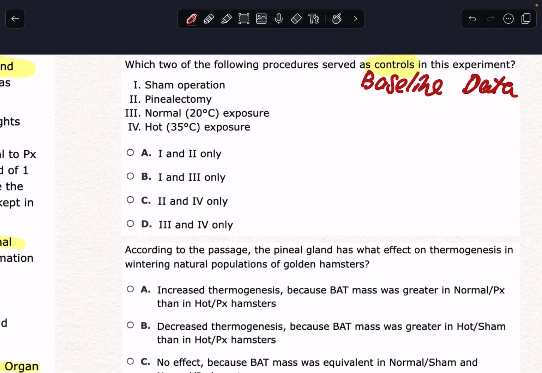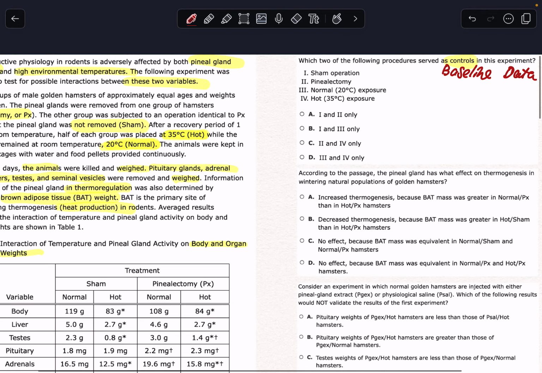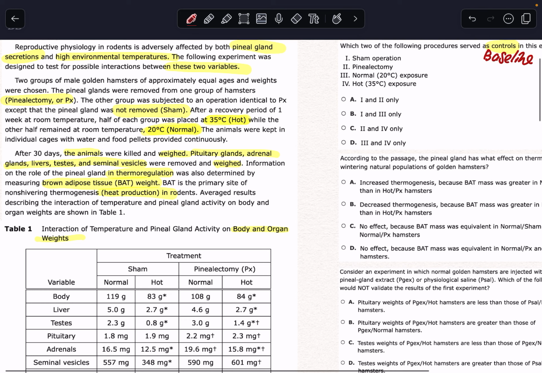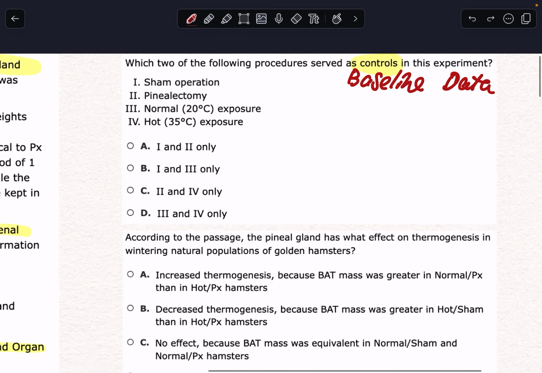But in our passage, the two variables, as the first paragraph tells you, are the pineal gland secretion and high environmental temperature, right? And from the table, you can tell that it also clearly shows the independent variables being either sham or PX, either normal temperature or hot temperature, right? So really, you can tell there are two variables.